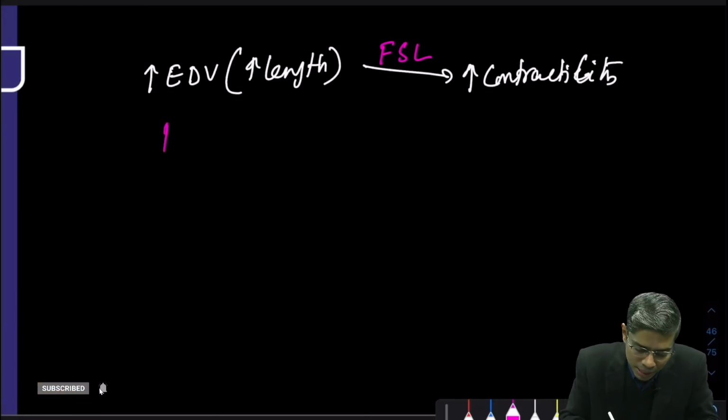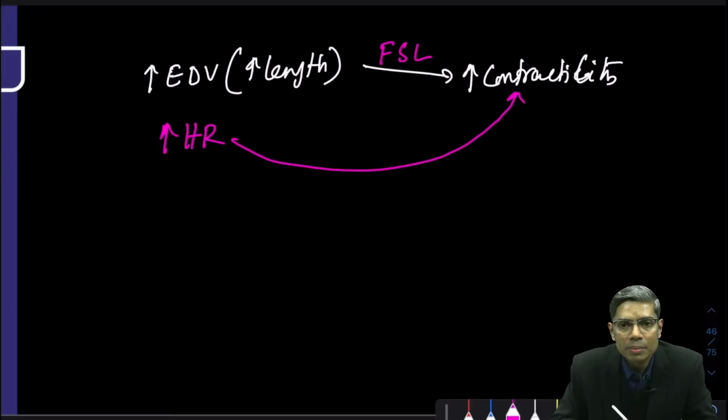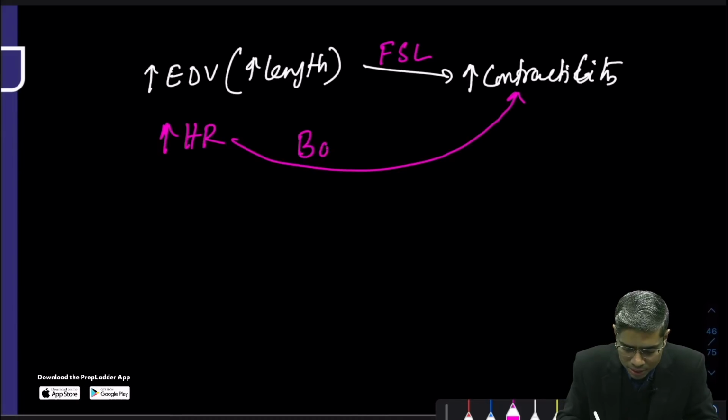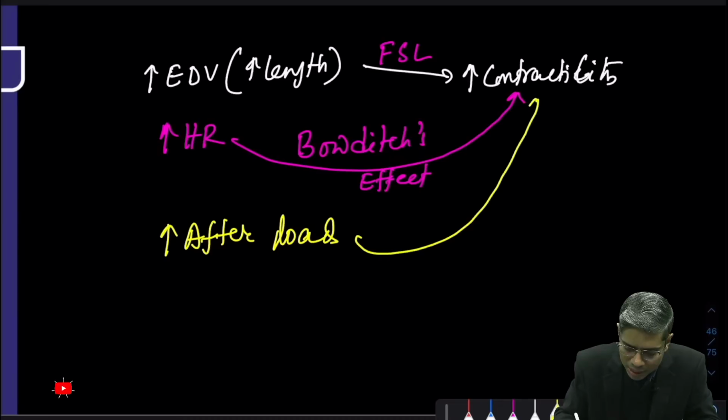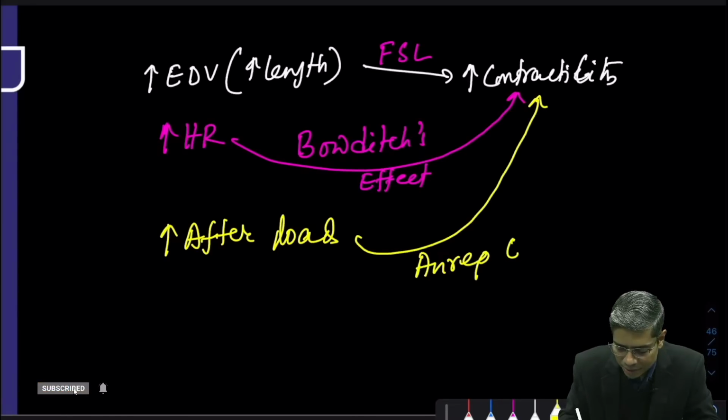Increase in heart rate can also increase the contractility of the heart. This is known as the Bowditch effect. Increase in afterload, meaning aortic pressure, can also increase the contractility of the heart. This is the Anrep effect.